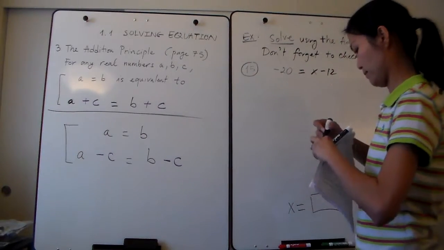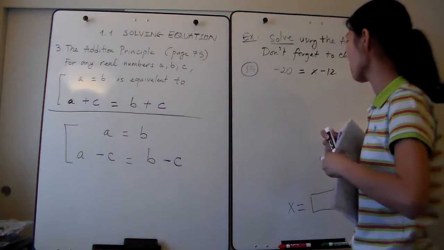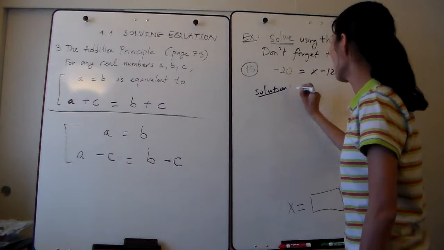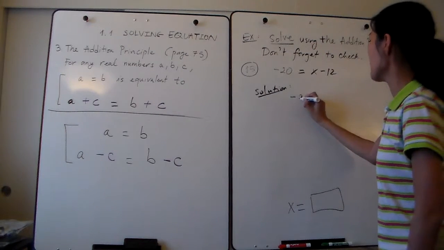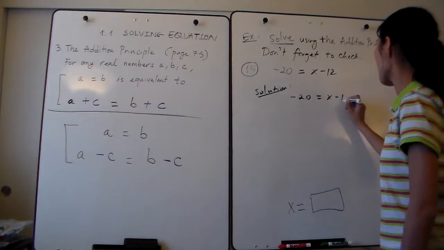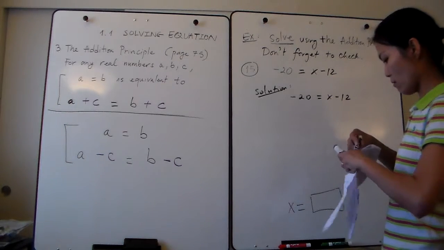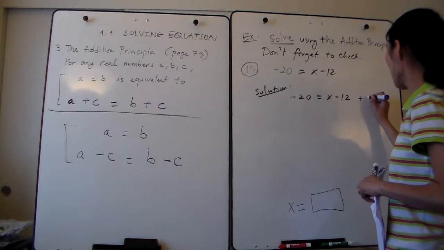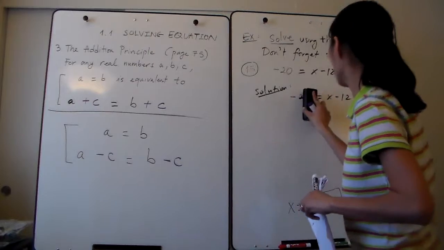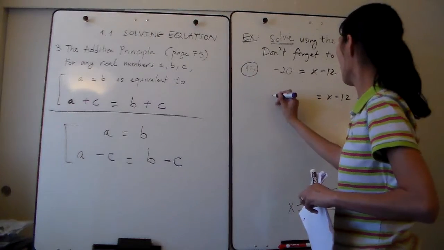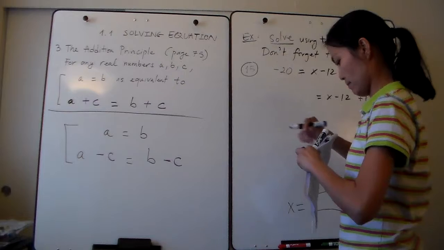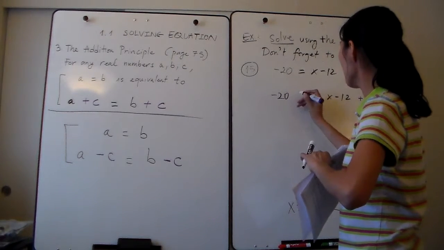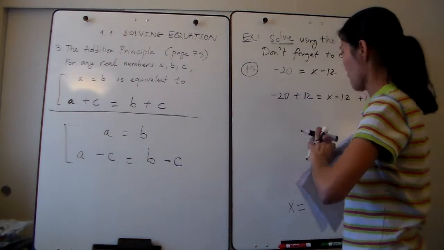Okay, solution. So here is the original equation. If I add 12, sorry, minus 12 right here, plus 12 on both sides.